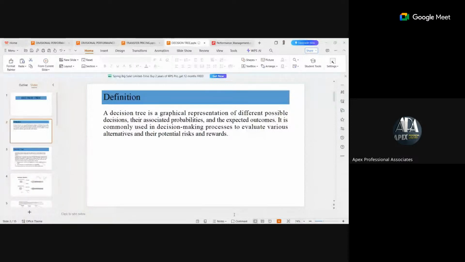So before I move ahead, just a recap of what risk is and what uncertainty is all about. Risk is a situation where the future outcome can be predicted based on the fact that we have existing data relating to that particular outcome.